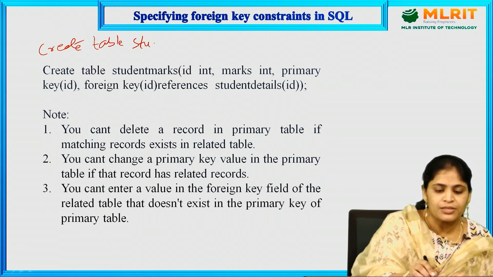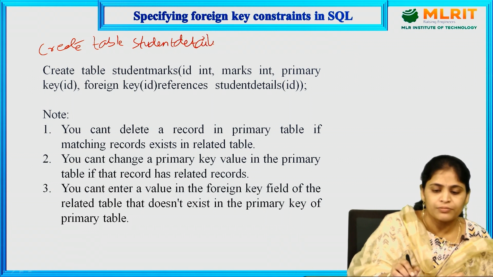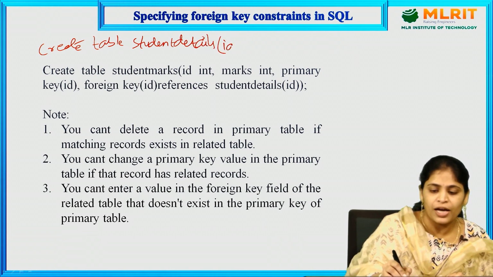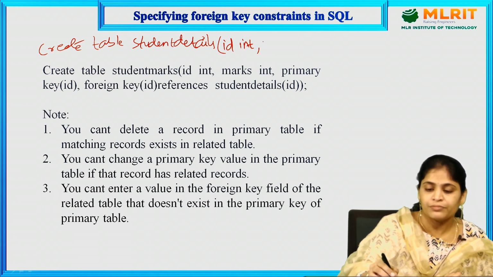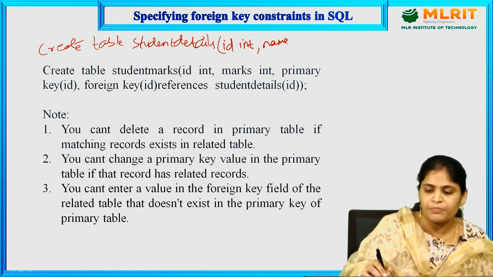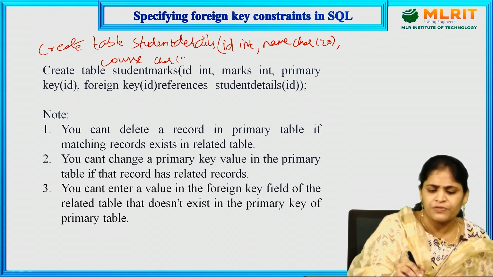Create table student details, which consists of ID, an integer, comma, name, of some character type, comma, course, of character type with size 20.